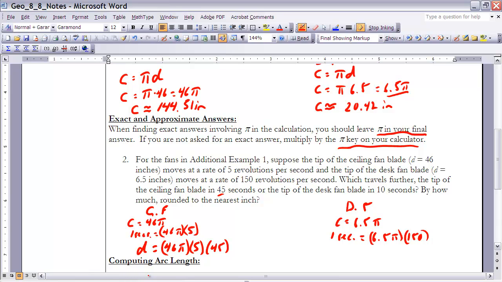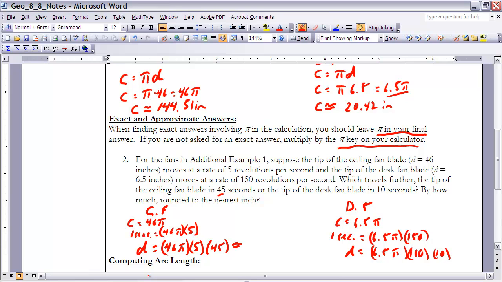That would represent the distance it moves. And we want to know how far it goes in 10 seconds. So in 10 seconds, its total distance would be 6.5 pi times 150 times 10. Okay? So their total distances.